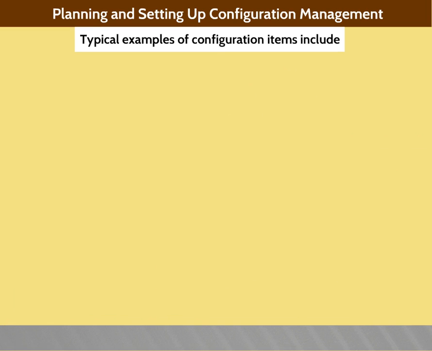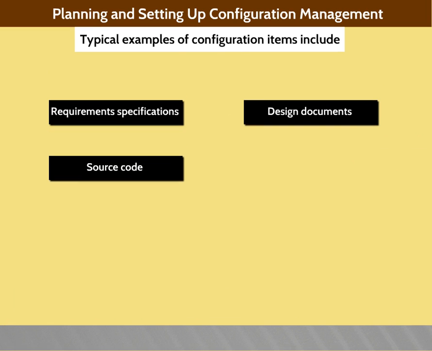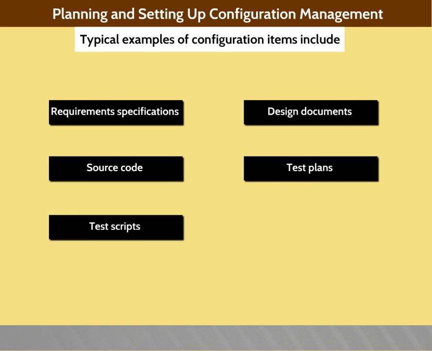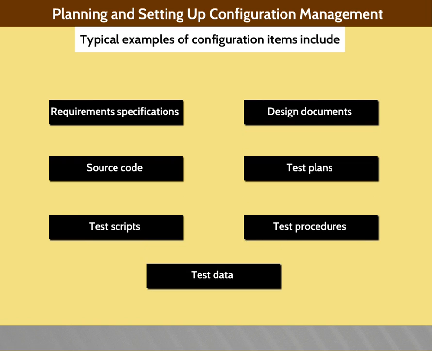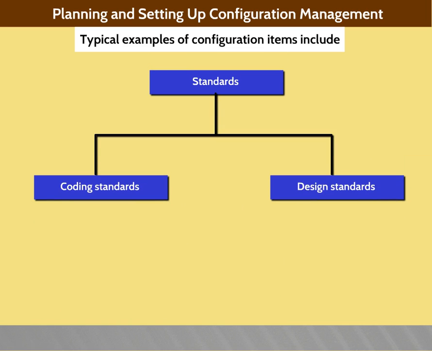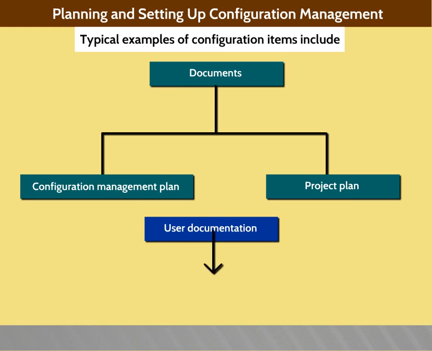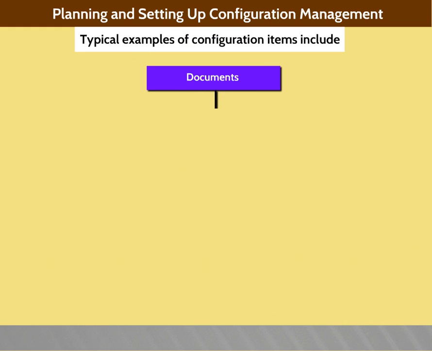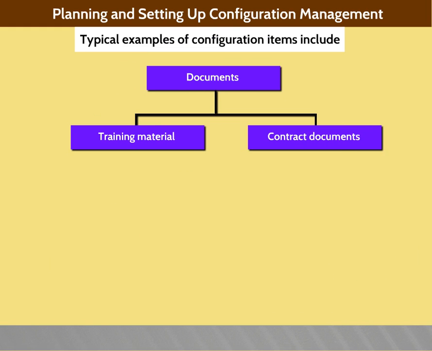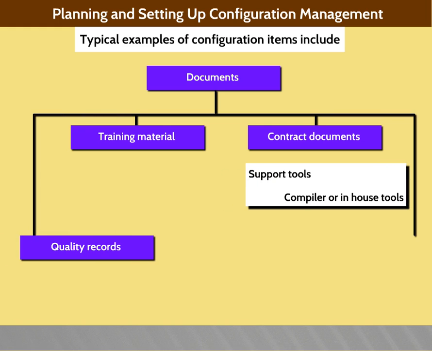Typical examples of configuration items include requirement specification, design documents, source code, test plans, test scripts, test procedures, test data, standards used in the project such as coding standards and design standards, the acceptance plan, documents such as the CM plan and the project plan, user documentation such as the user manual, and documents such as the training material, contract documents including support tools such as a compiler or in-house tools, quality records, review records, test records, and CM records, that is release records, status tracking records.